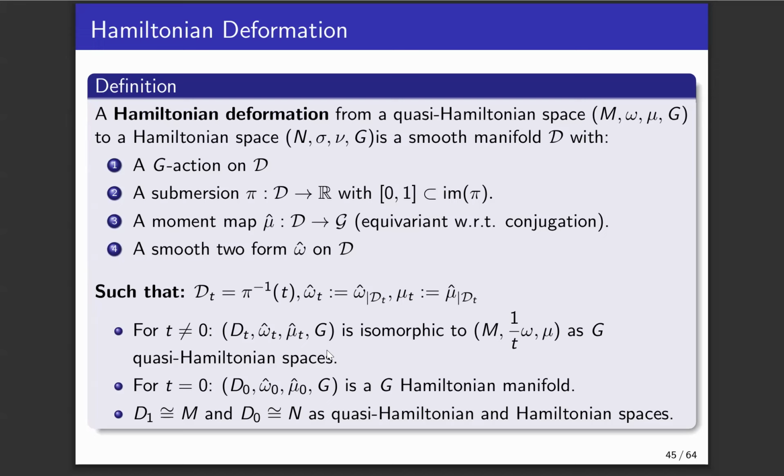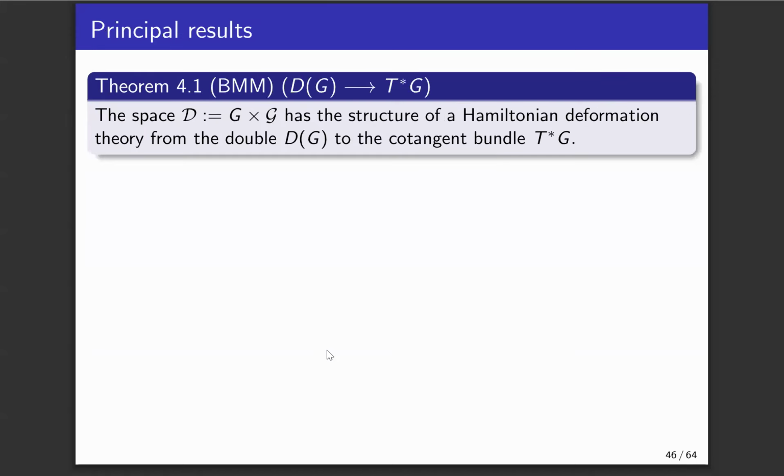Okay, then the first principal result of our paper. How can we deform the double, which is equal to G times G, to the cotangent bundle of a Lie group? And this space D, which is equal to G times dg1, we recall is simply the deformation space of the Lie group.